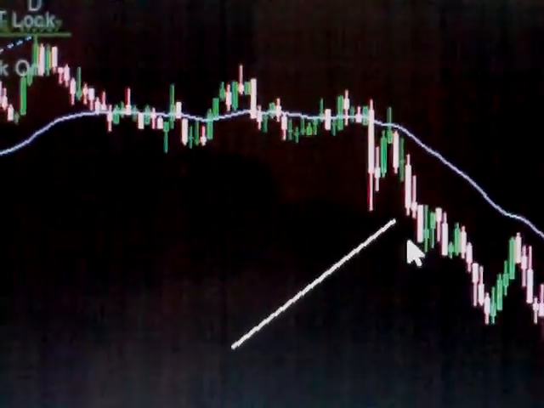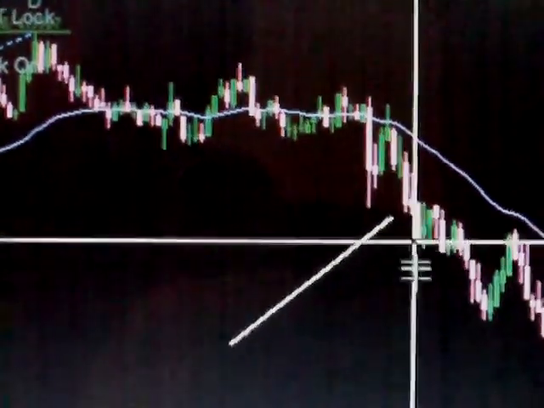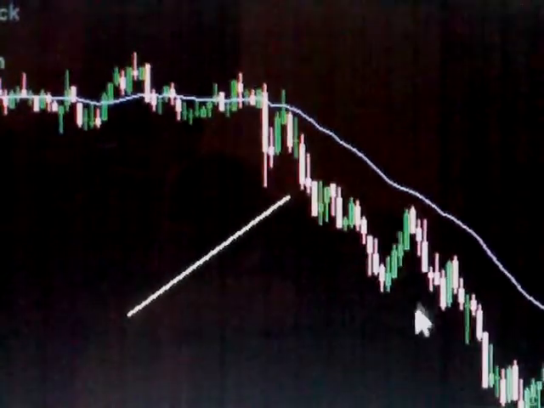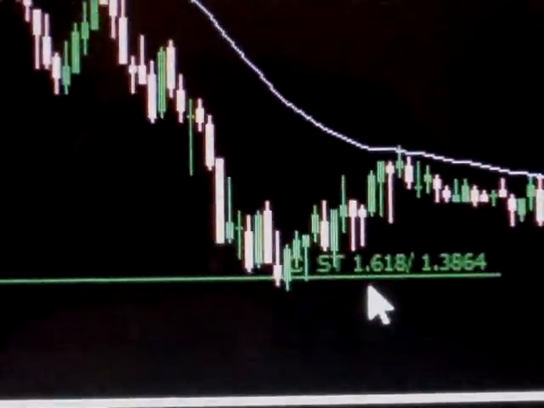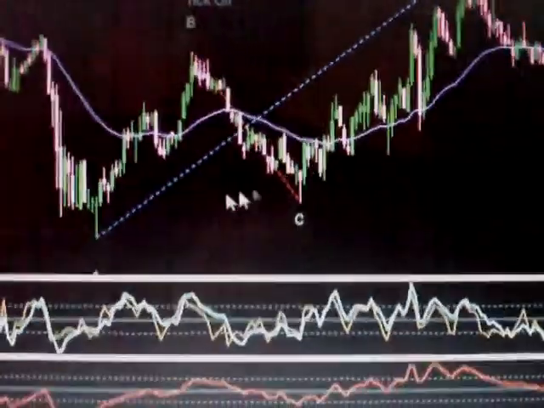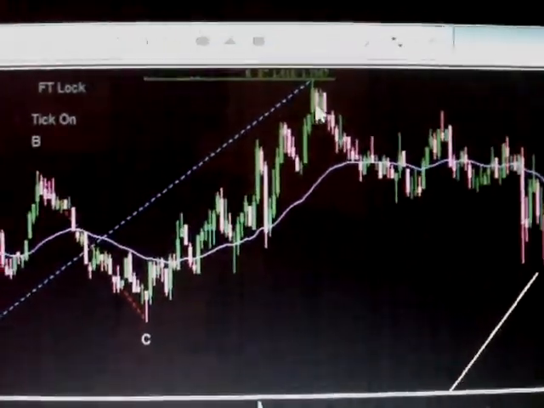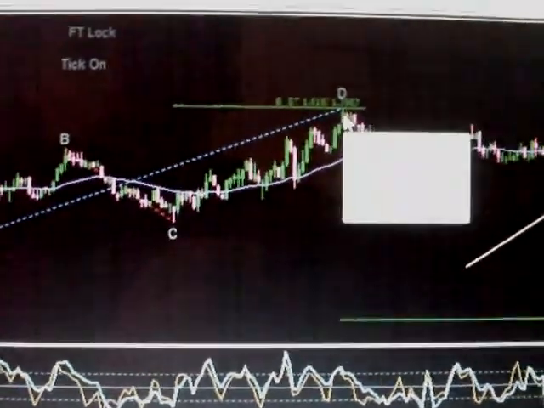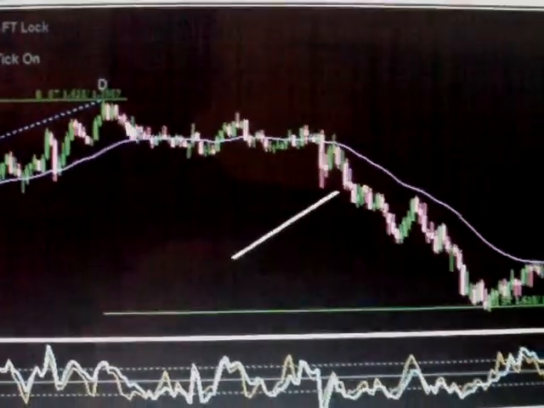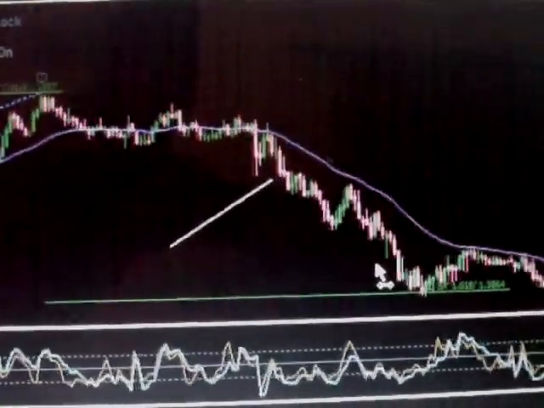So you want to really wait for the higher time frame to line up ready for a trigger, and then once you get this along with the multiple time frame trigger on the 1 hour and 15 minute, then you have smooth sailing going down and reaching target at the 1618 extension of the entire swing from A to D, that entire U-turn from point A to point D down here to 1618 extension.